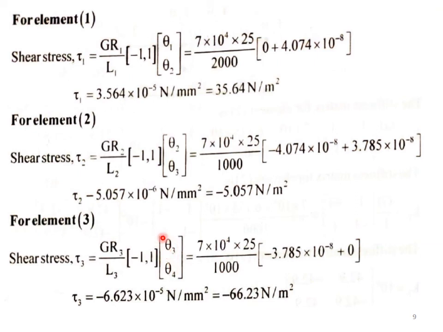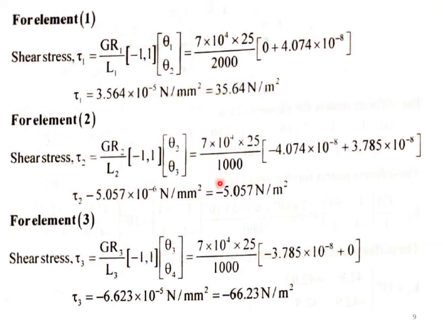So those angles of twist are theta 3 and theta 4. 7 into 10 to the power of 4 into 25 divided by 1000 into minus 3.785 into 10 to the power of minus 8 plus 0. For the simplification, we will be getting the value of tau 3 as minus 6.623 into 10 to the power of minus 5 Newton per mm square, or minus 66.23 Newton per meter square.